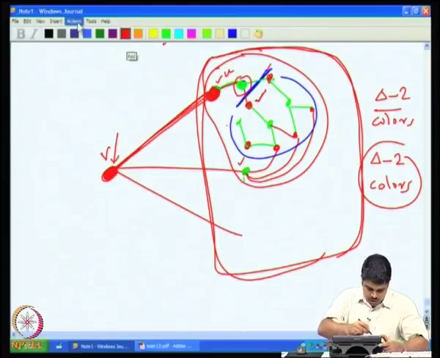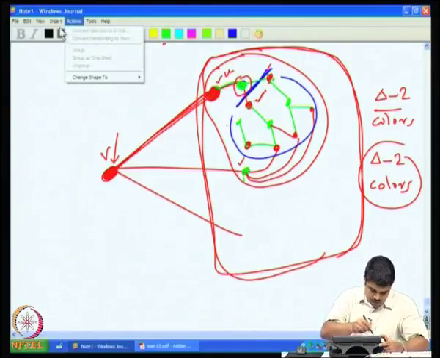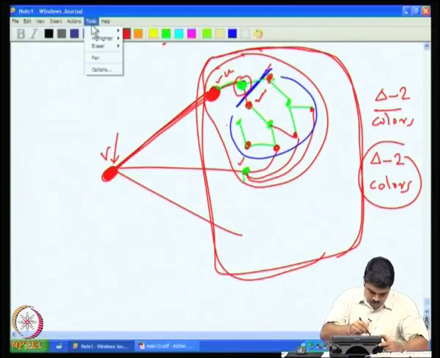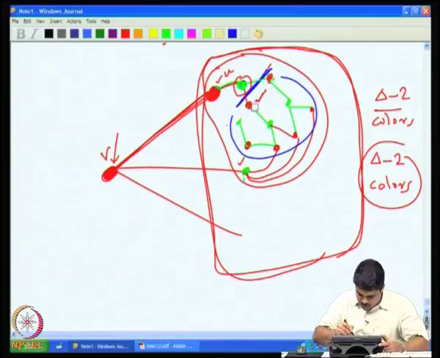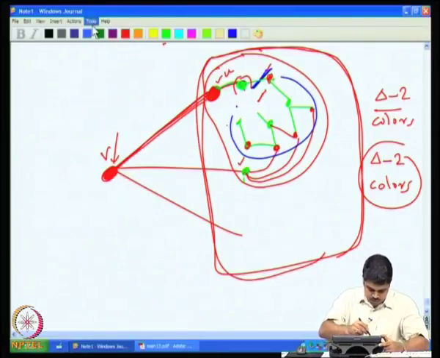So what I can say is that this is not there, right? Only one red neighbor it has.